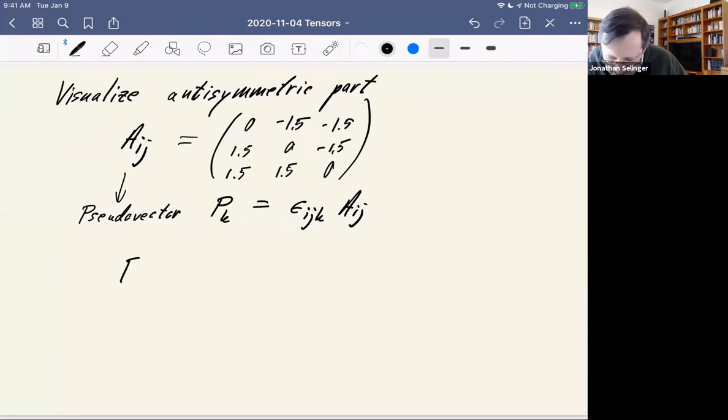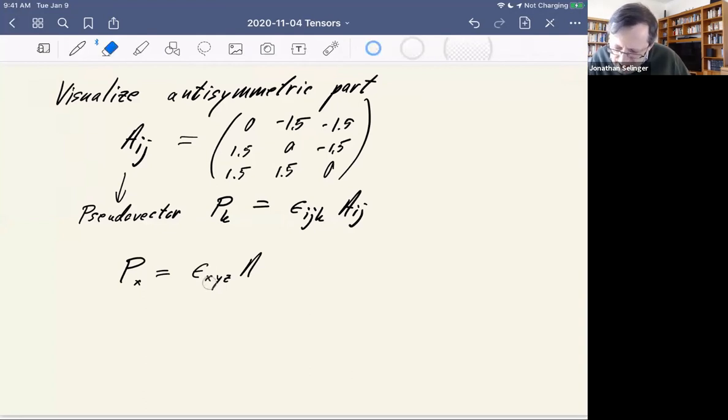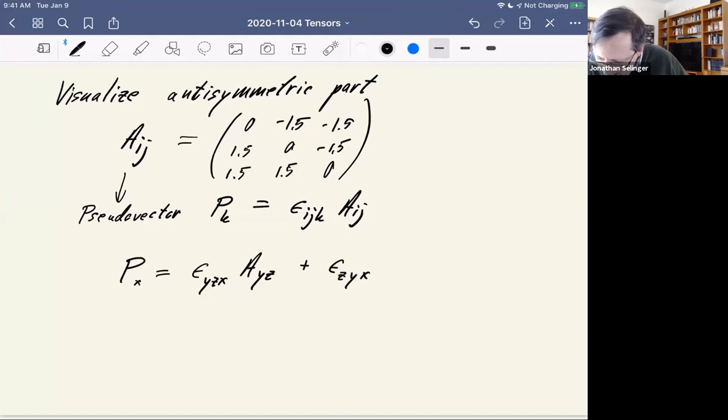So P_x is epsilon_xyz... No, almost. Let's try that again. It's epsilon_yzx A_yz plus epsilon_zyx A_zy. Those are the only two terms that are not zero, and then plus a lot of zeros.